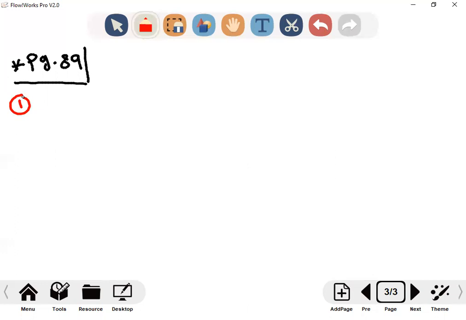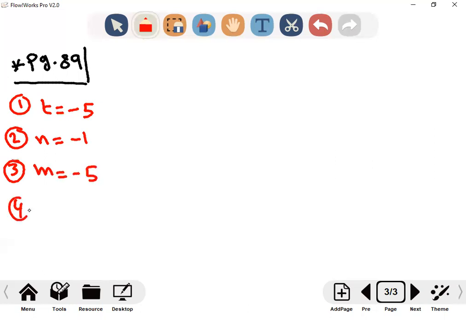Use the equation to solve each one, right? Yes. T equals negative 5. 2. N equals negative 1. 3. N equals negative 5. 4. X equals negative 11. 5.